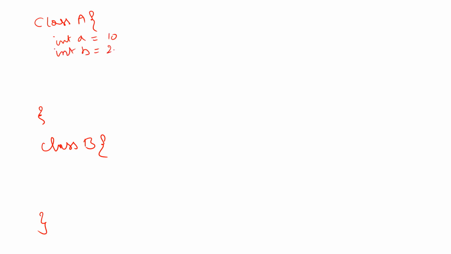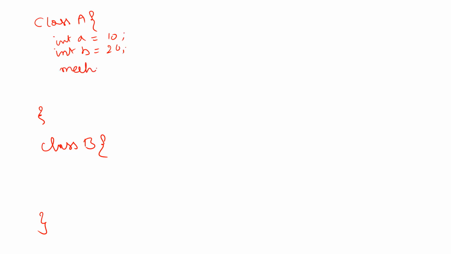Let's say I have two classes here, and this is class A and this is class B. And in class A, I have a variable like int A equals 10 and another variable int B equals 20.